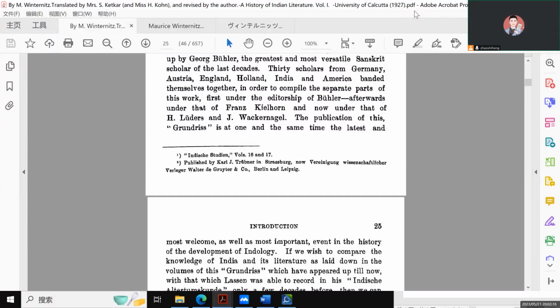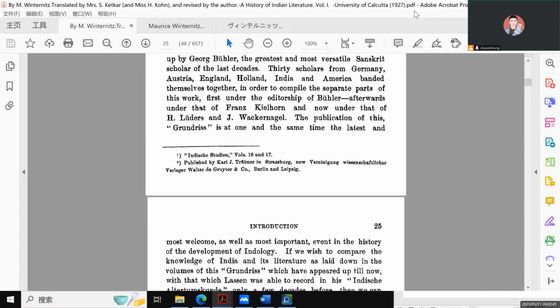So one week we'll have the Chinese course for Speijer's Sanskrit syntax, and the next week, after the grammar course, we will have this introduction to Sanskrit literature.